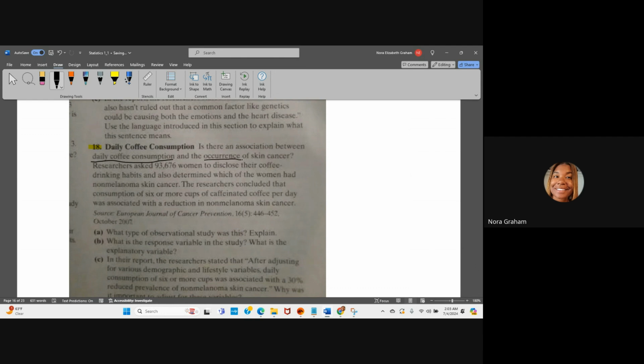I always love to annotate and understand when they give you writing in mathematics. You always sit there and take annotations. So I'm underlining daily coffee consumption and occurrence of skin cancer because those are my possible variables. Okay. Researchers asked 93,676 women to disclose their coffee drinking habits and also determined which of the women had, oops, sorry, excuse me.